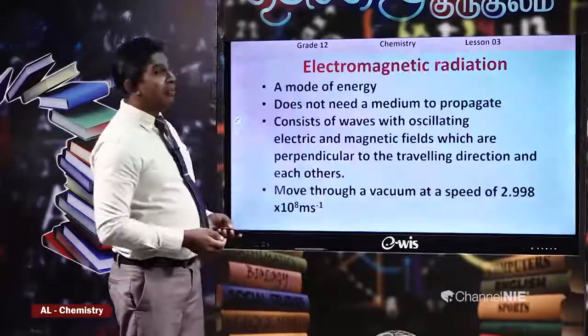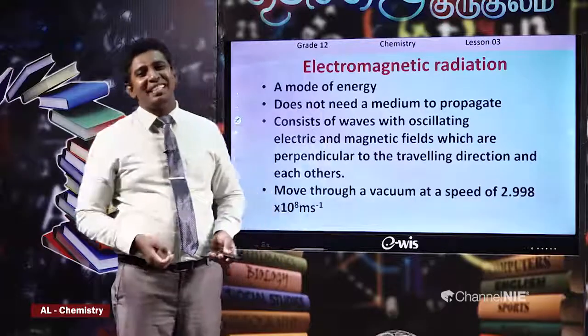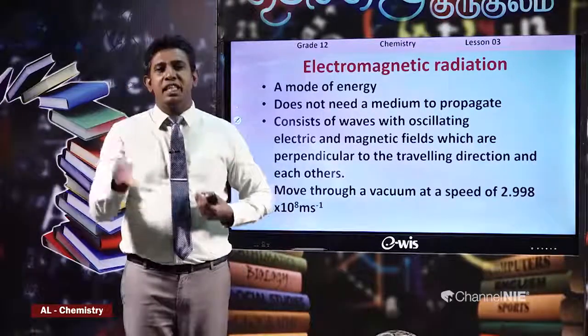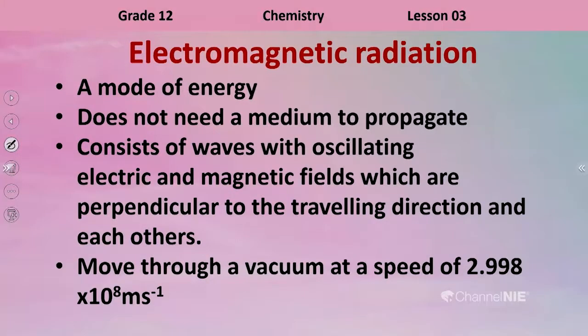Students, it is a mode of energy that does not need any support of a medium to travel. It consists of waves with oscillating electric and magnetic fields which are perpendicular to the traveling direction as well as perpendicular to each other.